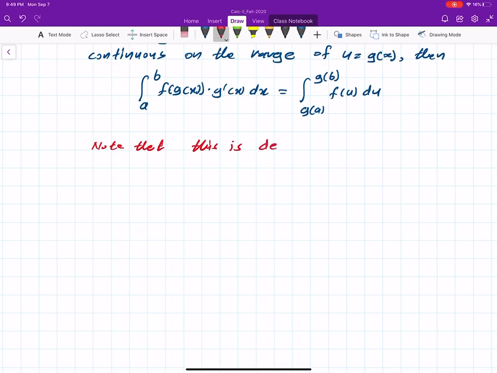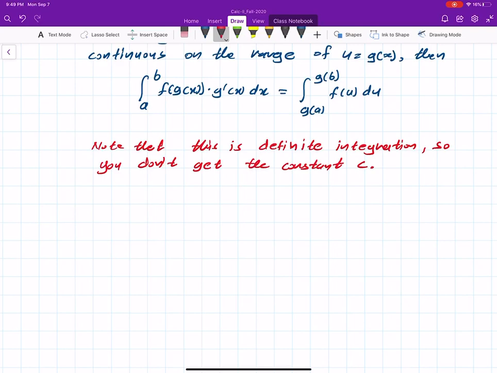This is definite integration. So you don't get the constant c.